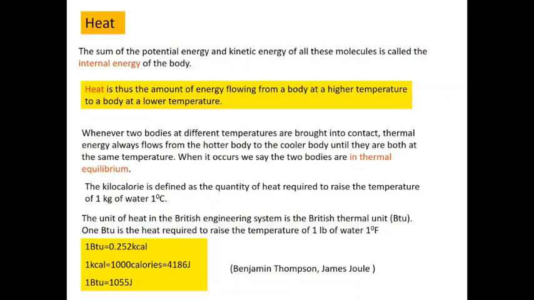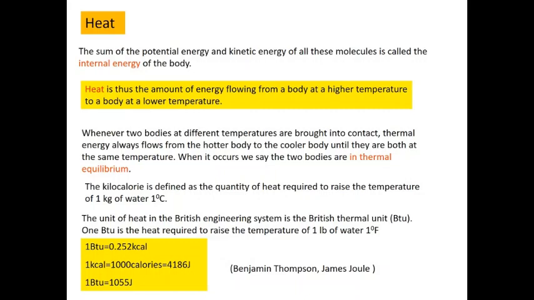Heat is the amount of energy flowing from a body at higher temperature to a body at lower temperature. Imagine you have two bodies, one hotter and the other colder. If you put them in contact, then energy flows from the hotter body to the colder body. This amount of energy is called heat.